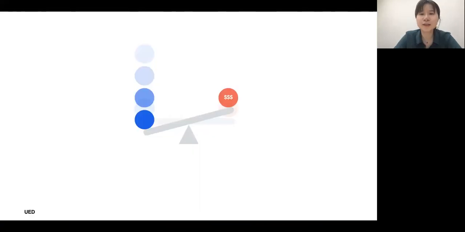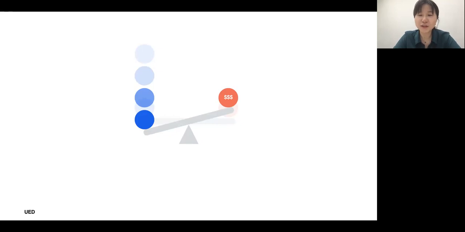So what we're trying to do over here is really to add weight on the left side of this balance by adding value, and specifically talking about the perceived value, which I'll explain in a little bit.